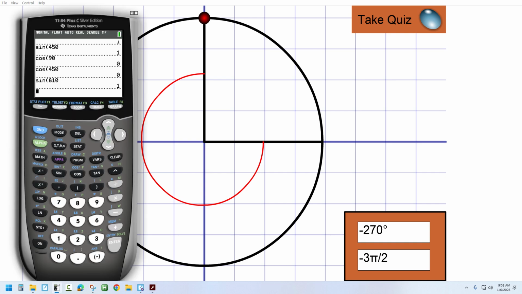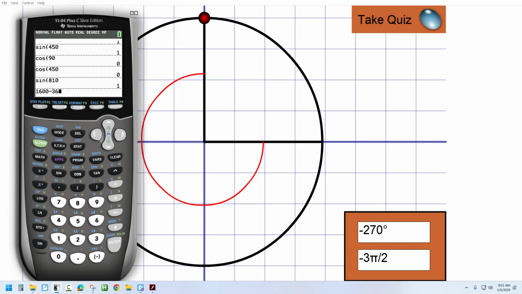So the point of that is if you have a really big angle, like 1600 degrees, and you have to figure something out with it, that's going to be hard to work with because it's so big. So you can make the angle smaller and it won't change the answer.